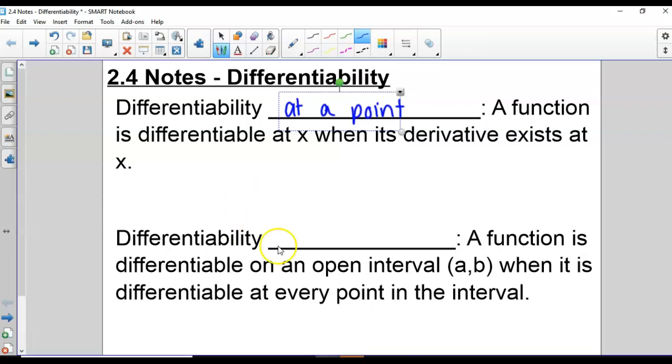And then we'll also talk about differentiability on an interval. A function is differentiable on an open interval from a to b when it is differentiable at every point in the interval.